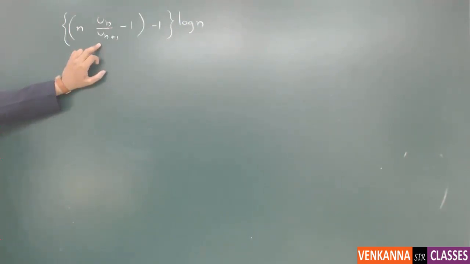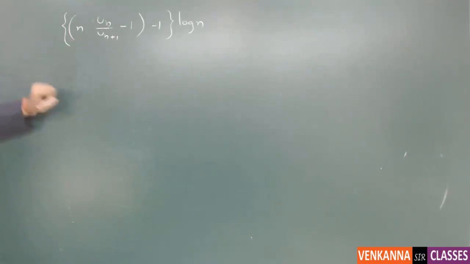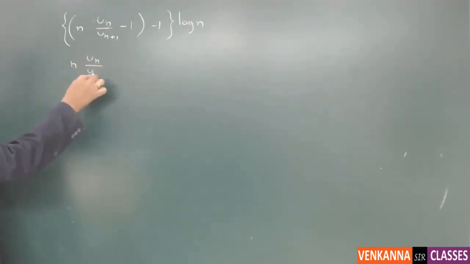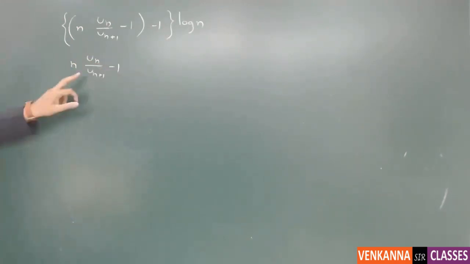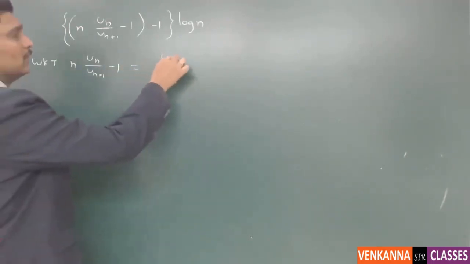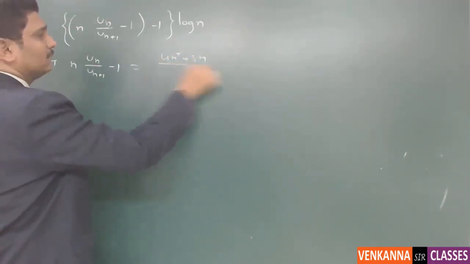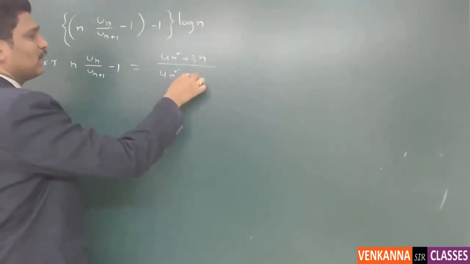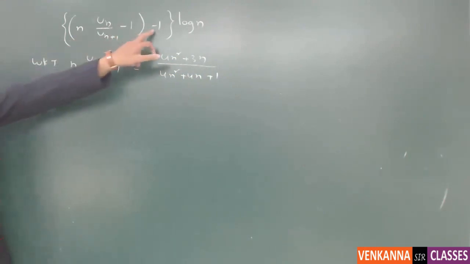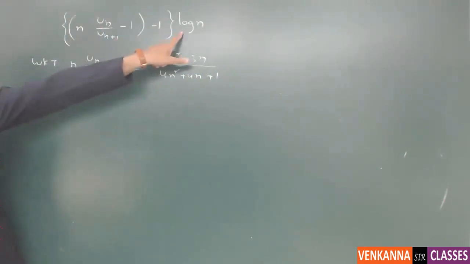Right. So we are going to simplify the parts one after the other. You have already calculated this part, n into (un by un+1 minus 1). We know this. It is nothing but (4n²+3n) by (4n²+4n+1). Now in this you have minus 1, then you are going to take log n.